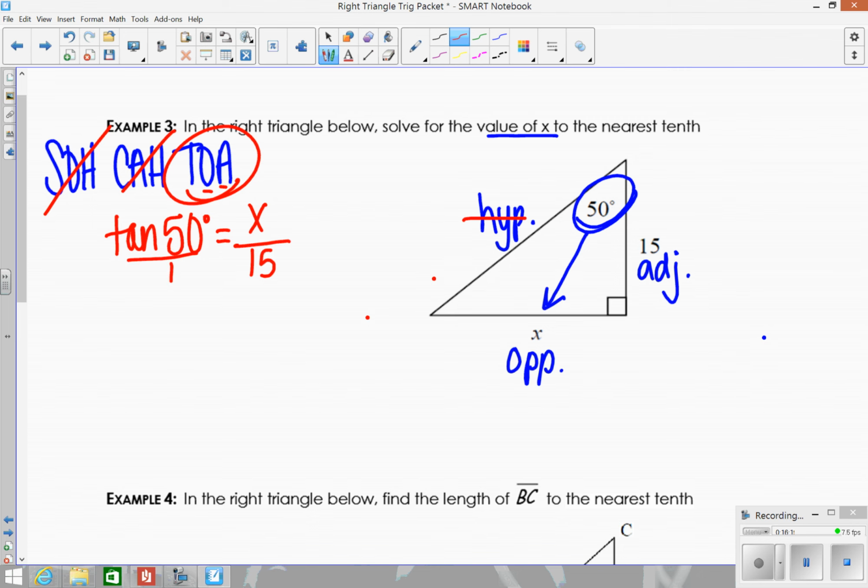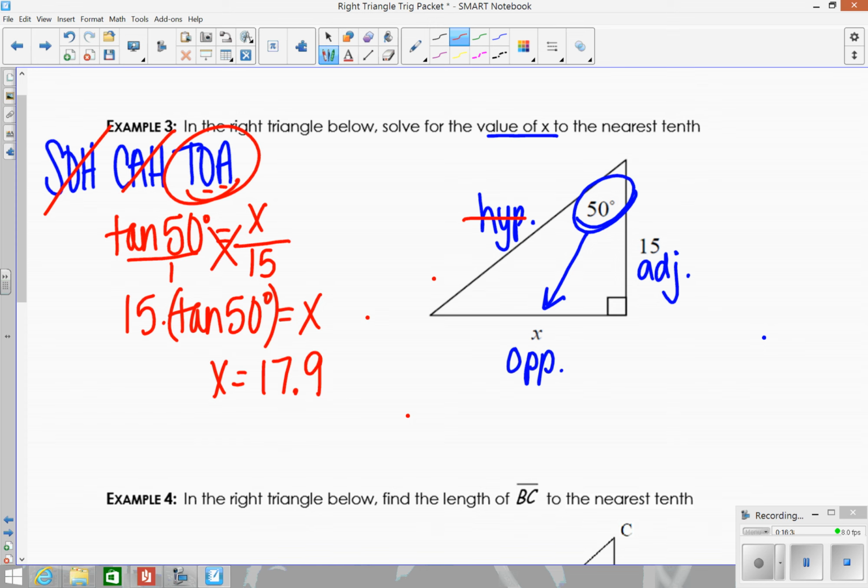Then put this over 1, cross multiply, so we have 15 times tan of 50 equals x. That should all go in parentheses. Enter that into your calculator. 15 times tan of 50 is going to be x equals 17.9. And this one just says find the value of x, so I'm just going to leave it. X equals 17.9.